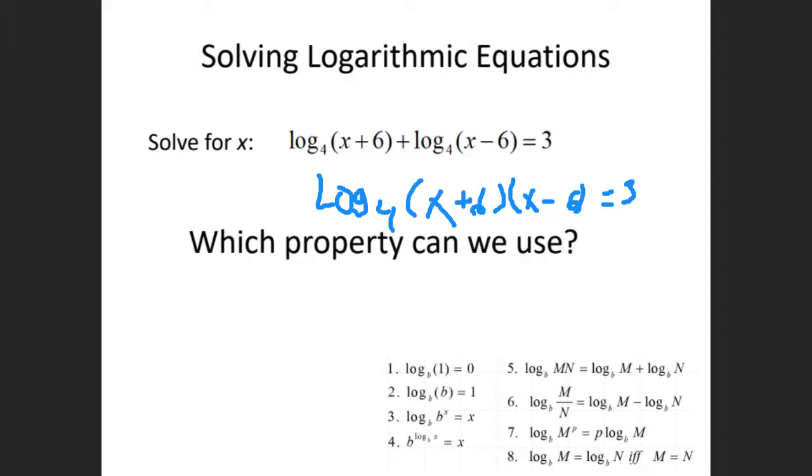Let me write it first. And now when I have it in this format, again, I can convert this into an exponential form and solve for x. Yes?